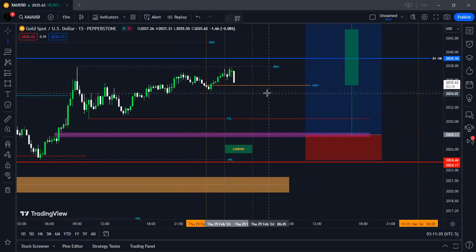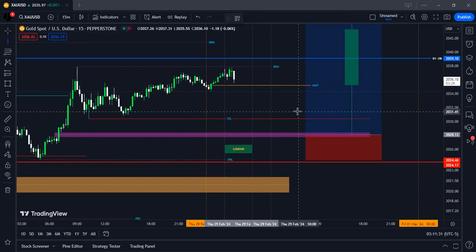Now my main hunting zone will be in the New York Q zone, 7 to 10 New York local time.